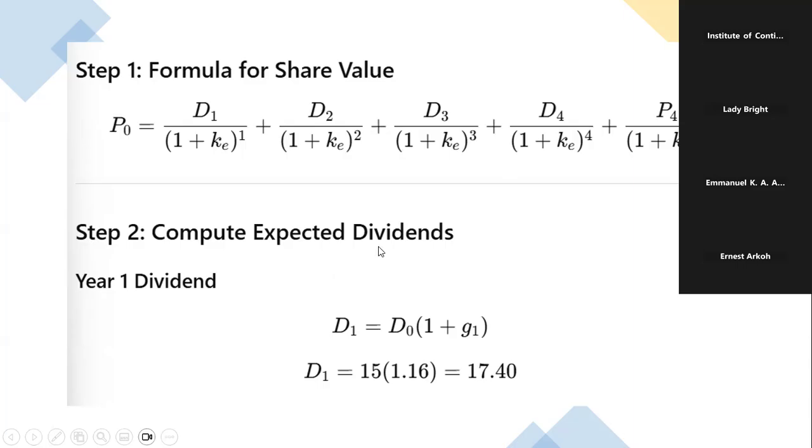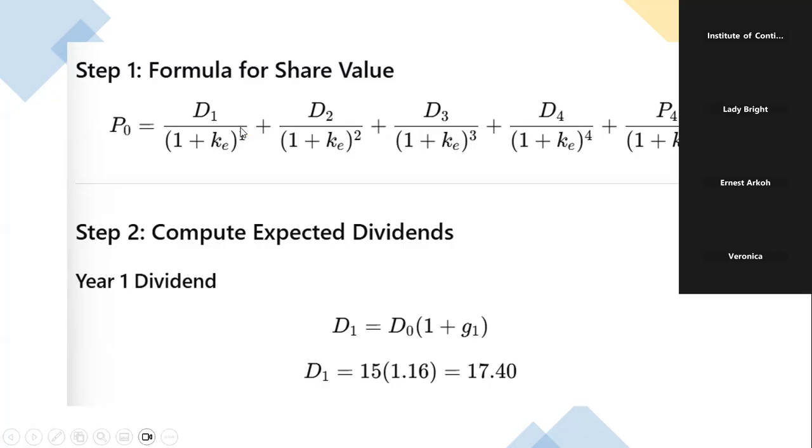To compute the dividends, we are looking for D1. For you to find D1, you need D0 into bracket 1 plus g, the growth. So it's our 15 into bracket 1 plus the growth rate of 16%, which will give you D1. So D1 is 17.4.